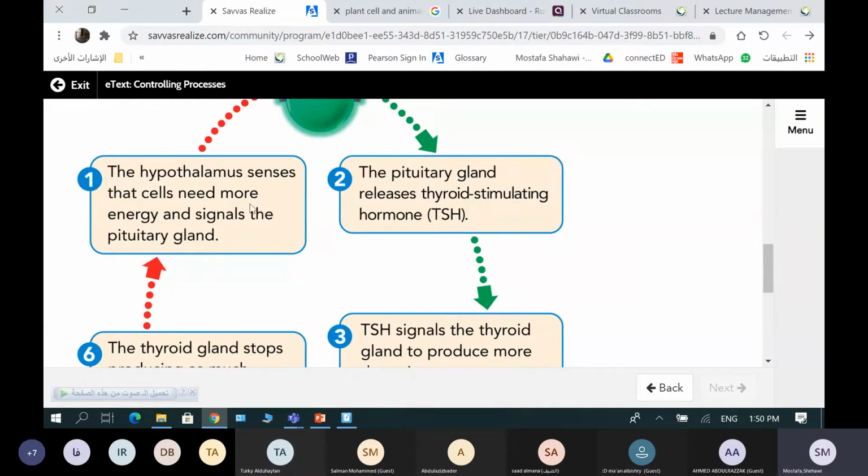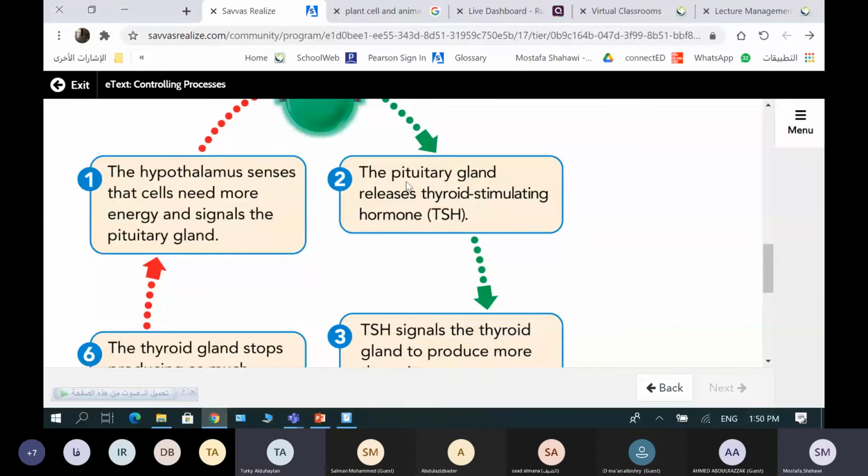Hypothalamus senses the cells need more energy. So, your body needs more energy. This hypothalamus feels it, hypothalamus, CEO of endocrine system inside the brain. When it feels that, it will send the signal to pituitary gland, because the body needs energy and there is a hormone responsible for releasing energy inside your body. So it will send the signal to pituitary gland. Read number two.